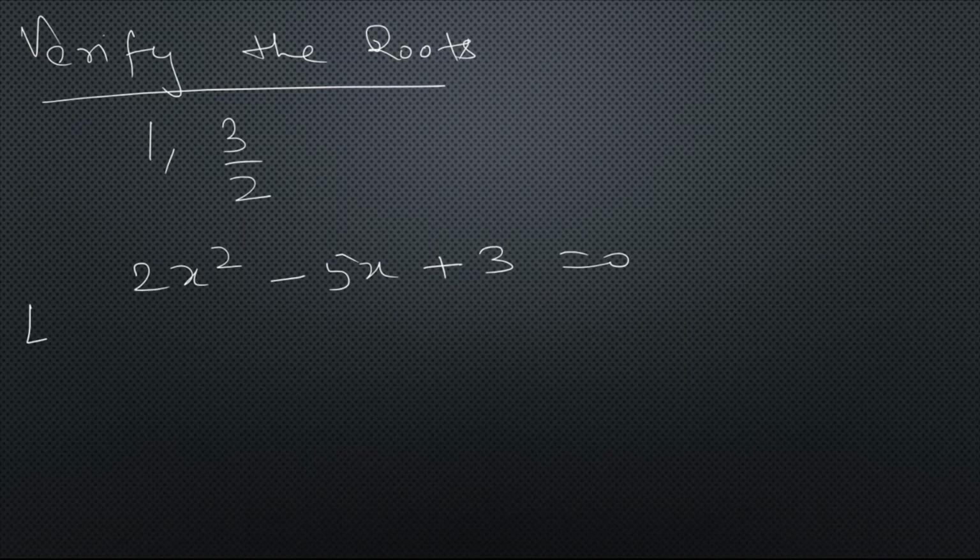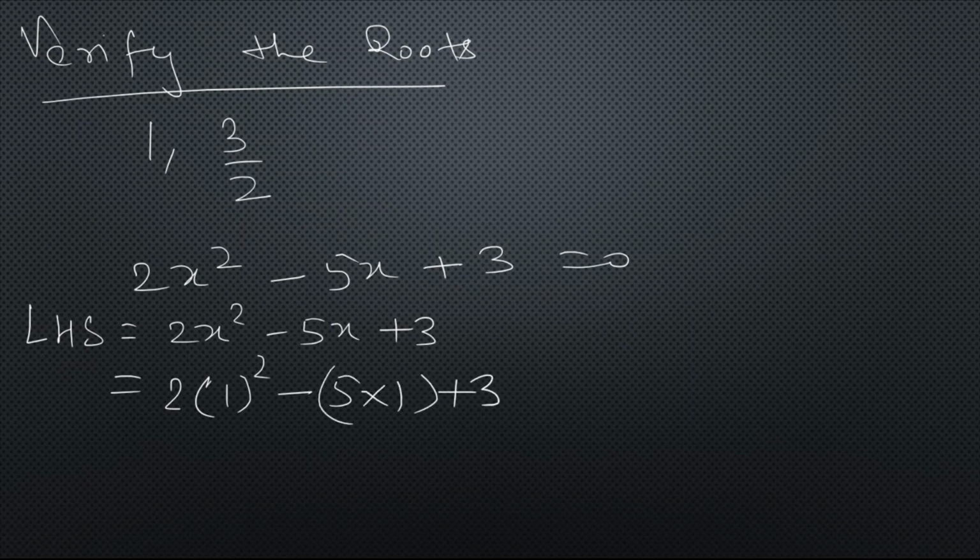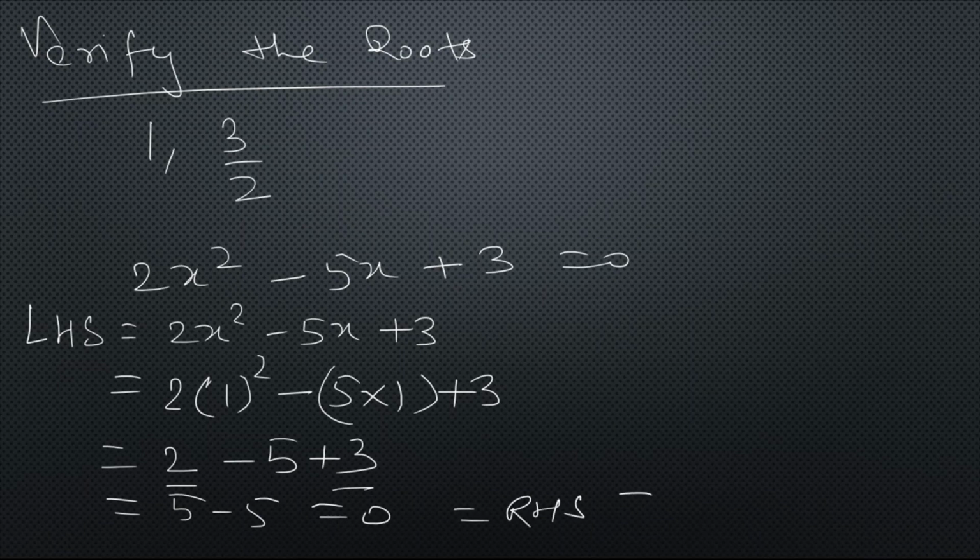Suppose, first case, LHS is equal to 2x square minus 5x plus 3. If you put 1, 2 into 1 whole square, minus 5 into 1, plus 3 is equal to 2 minus 5 plus 3. So 2 plus 3, 5, minus 5 is equal to 0, which is equal to RHS. So 1 is one root of the quadratic equation, right?